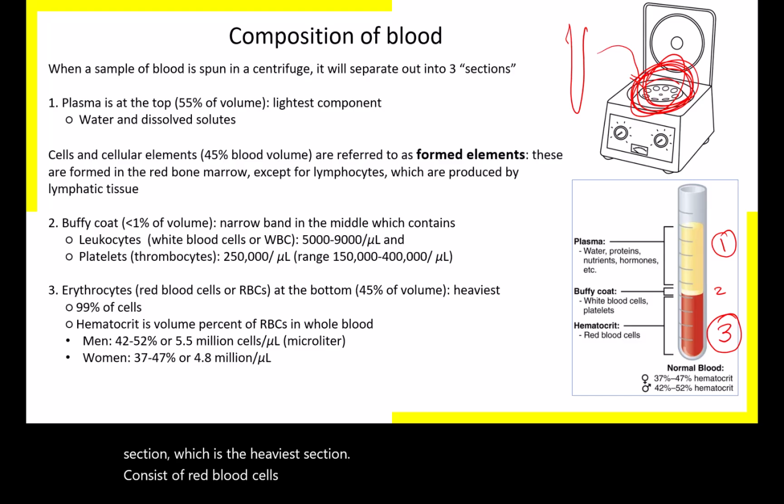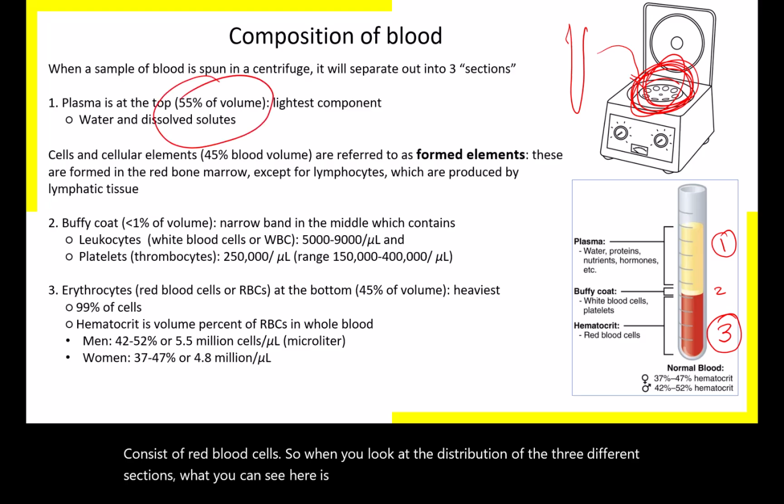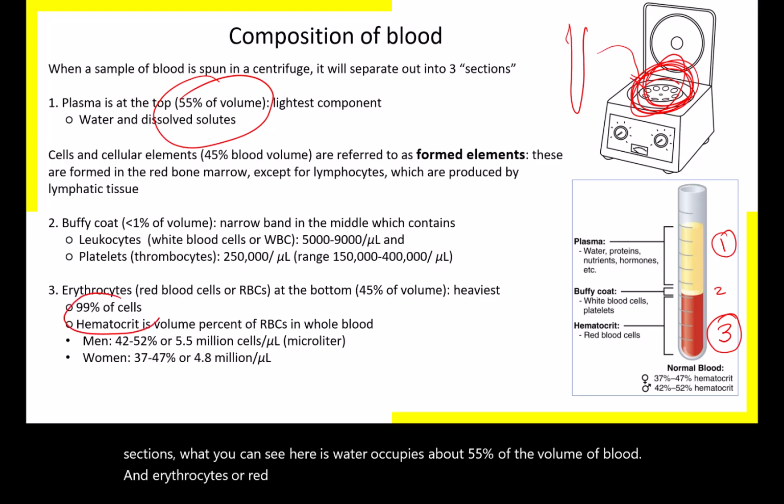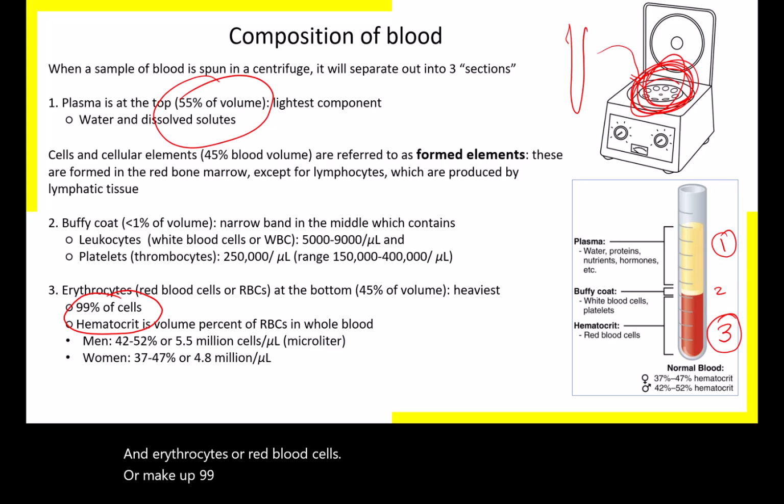When you look at the distribution of the three different sections, what you can see here is water occupies about 55% of the volume of blood, and erythrocytes, or red blood cells, make up 99% of cells and cellular elements that are found in blood.